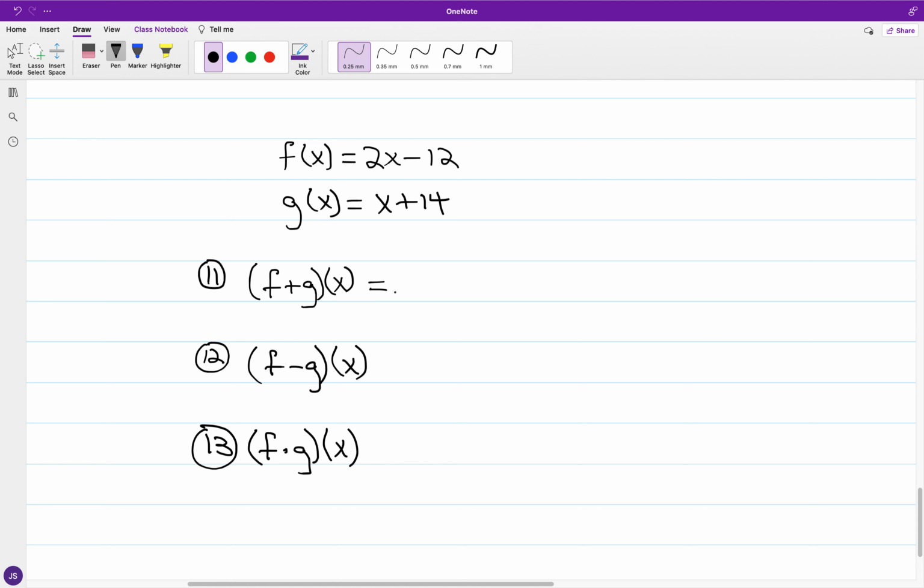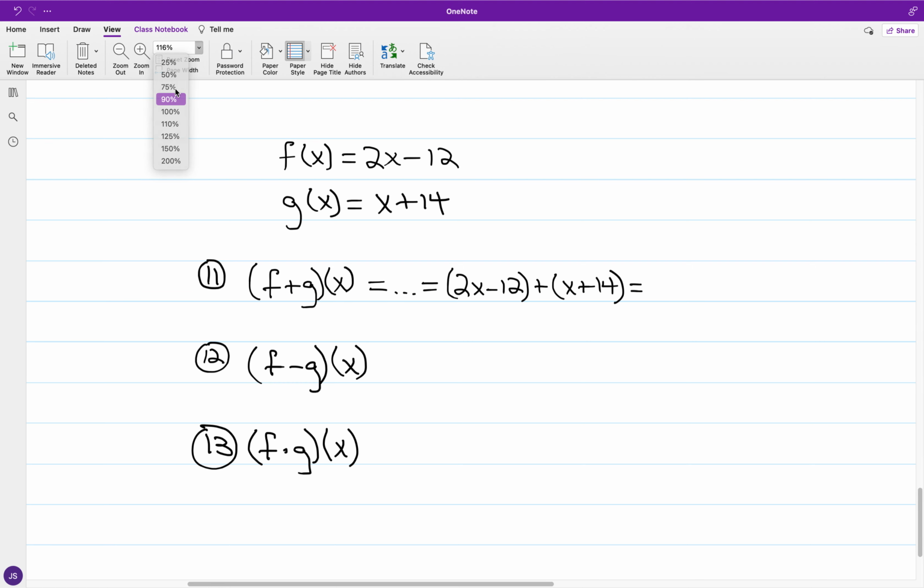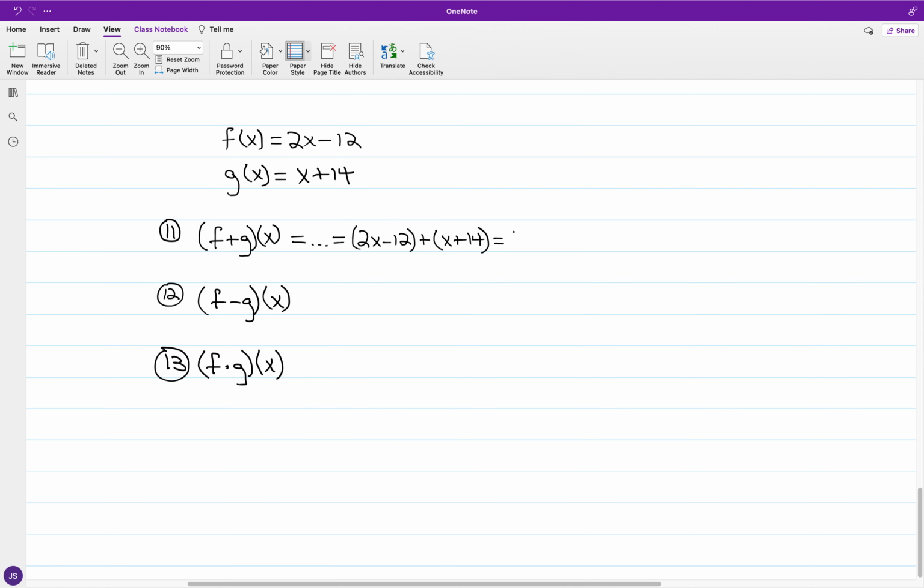So we have for f plus g of x, you're just going to be taking the sum of f of x and g of x. Okay, so we got 2x minus 12. We have g of x, which we have at x plus 14. And we have combining. Okay, so once I remove the parentheses, again I use the parentheses just to separate the f of x apart from the g of x.